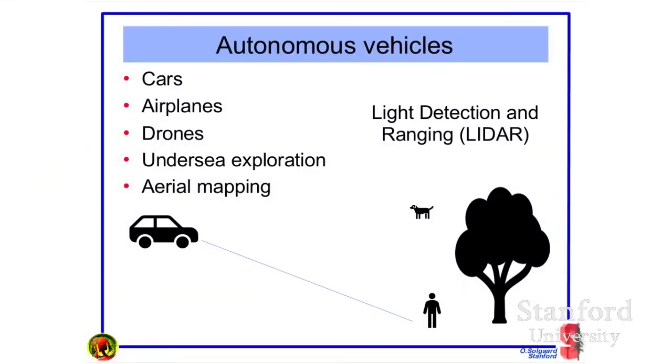One thing that we hear a lot about these days, and everybody's excited about, is autonomous vehicles, particularly cars, but it also extends to airplanes, drones, underwater exploration, and aerial mapping, and so forth. So here's my little animation of that.